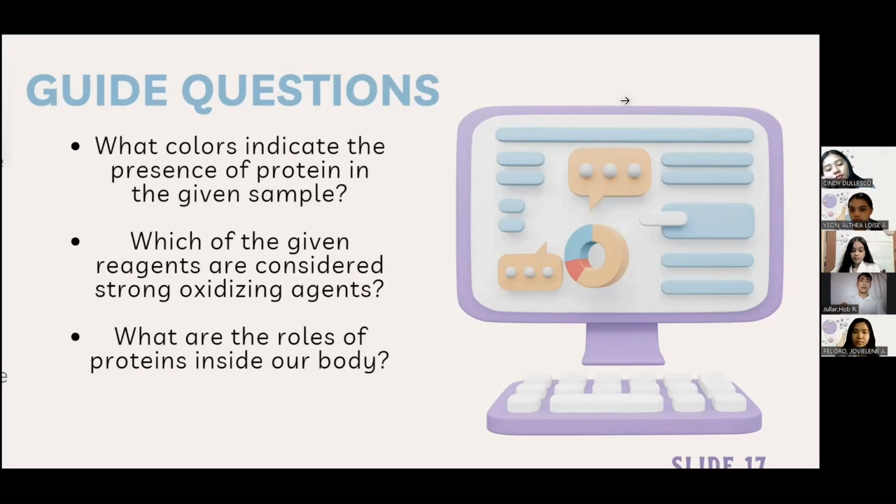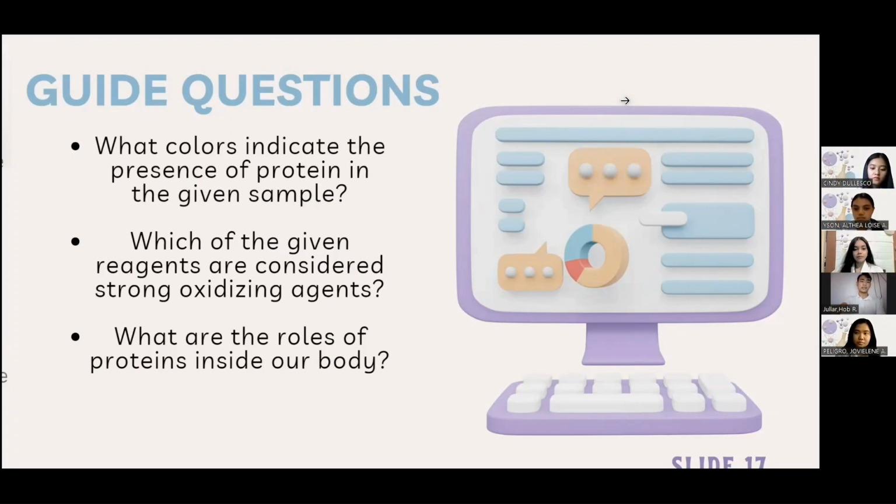They serve a variety of purposes, including acting as hormones and enzymes, preserving the right fluid and acid-base balance, transporting nutrients, generating antibodies, promoting wound healing and tissue regeneration, and supplying energy when carbohydrate and fat intakes are insufficient. And we're going to the next slide.